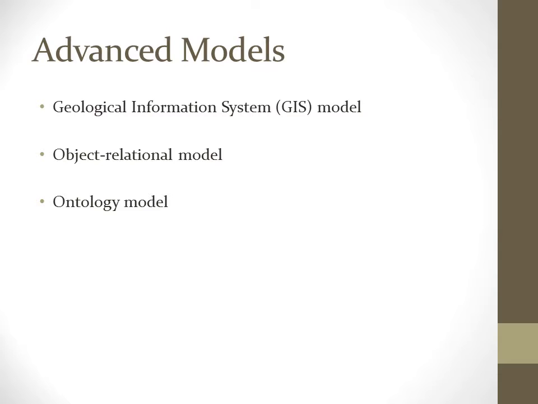For example, in a GIS model, you may have a line and point data type that allows you to define certain geological structures, such as a state boundary or a road, for example.